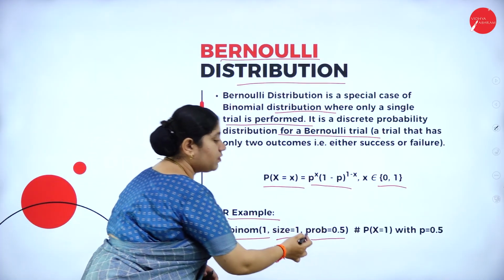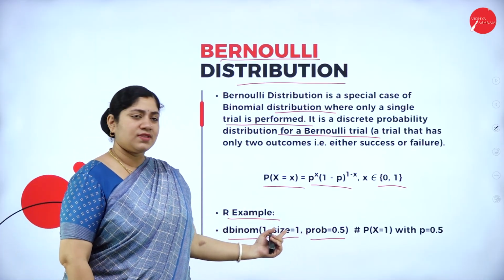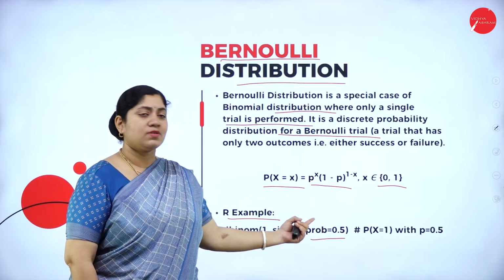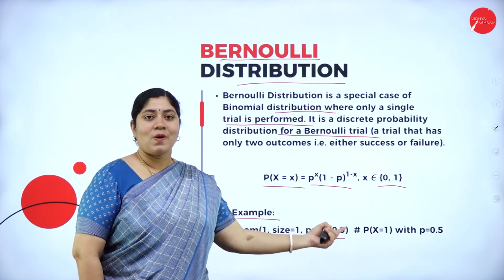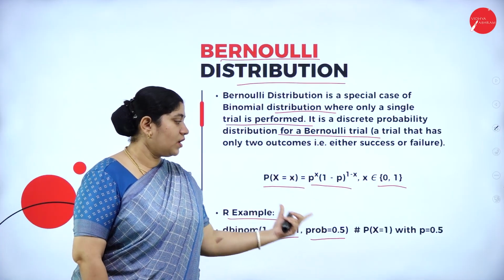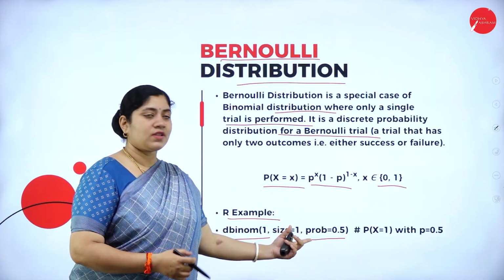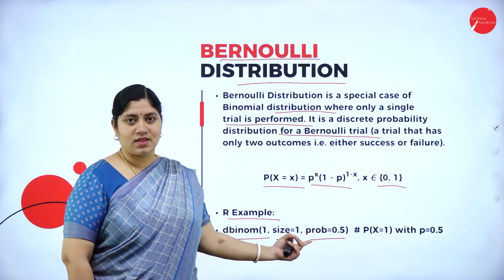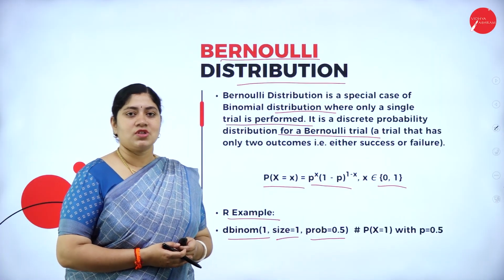We have to define the size as well as the probability. So we have defined size as 1 and the probability as 0.5. So over here we can see p of x, the probability of x has been defined with 1, where we get the probability of 0.5, which we have directly considered inside this statement. So this is all about Bernoulli distribution.